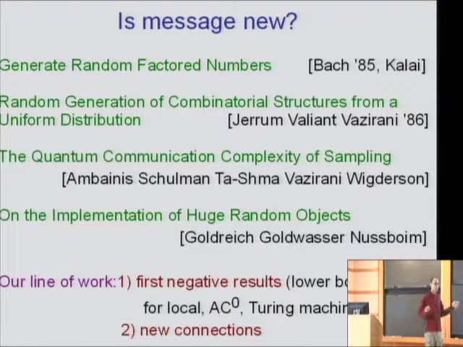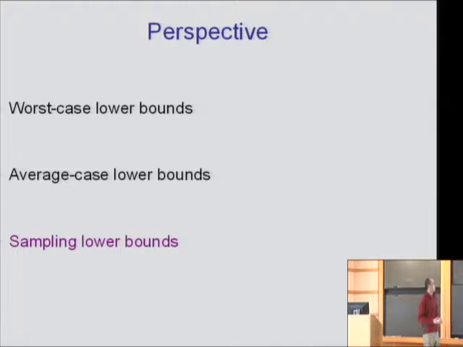All right. So here is now a somewhat ambitious slide. You may think of lower bounds as coming roughly in three flavors. The first one is worst case lower bounds, the one that's more famous. First examples are maybe in the 60s.